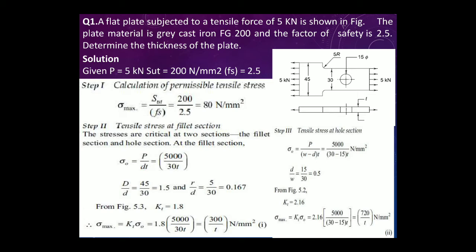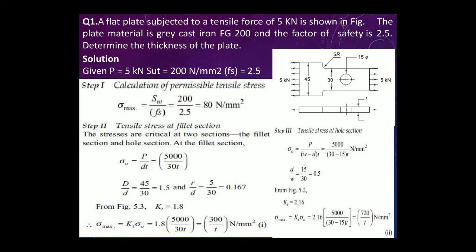Now here in the figure we can see a flat plate subjected to a tensile force of 5 kilonewton on both sides. The inner diameter for both sections is given.